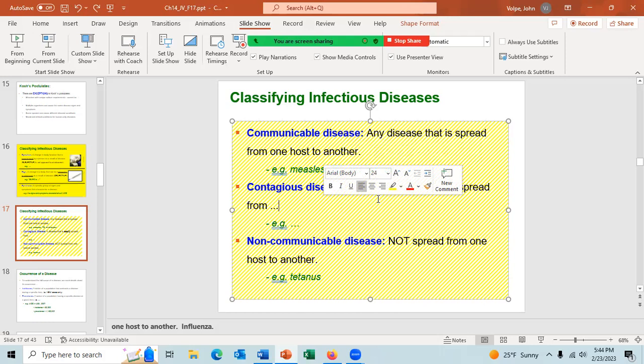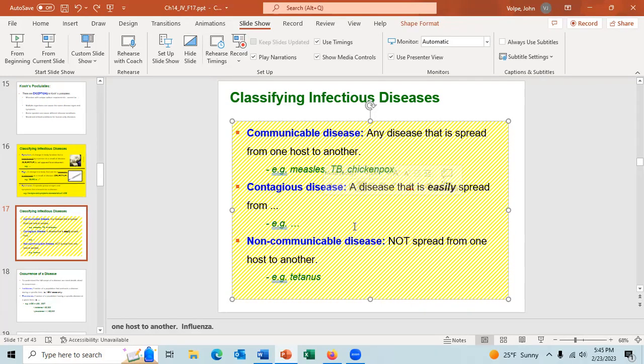Another very good example of a communicable disease that is not contagious is leprosy. You have to have long-term exposure to a leper patient or the Mycobacterium leprae to get it. I don't remember how many hours, but I think it's actually in the neighborhood of something like days.